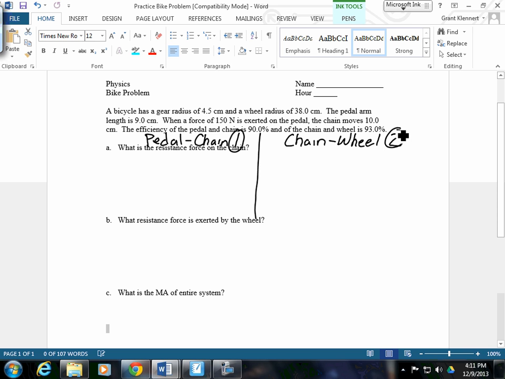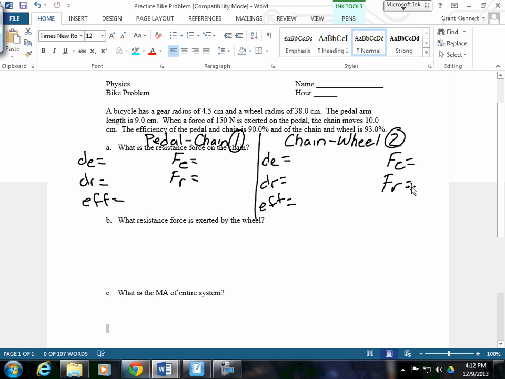Now, we have distance of effort, distance of resistance, efficiency, force of effort, and force of resistance. We have the same exact for the second one: distance of effort, distance of resistance, efficiency, the force of effort, and the force of resistance.